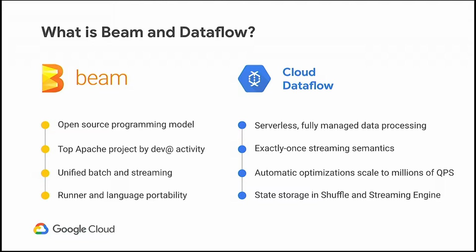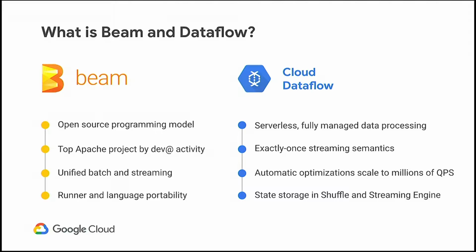Now, users like Beam because it provides unified streaming and batch APIs. You only need to learn one API and run your pipelines in batch and streaming mode. And the other big selling point of Beam is it's portable. And portability here refers to two things. Portability in execution environments.